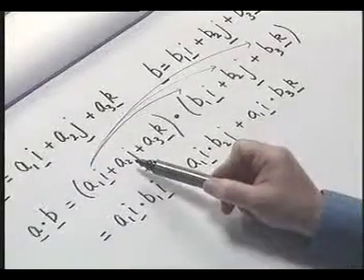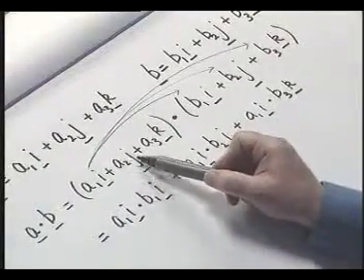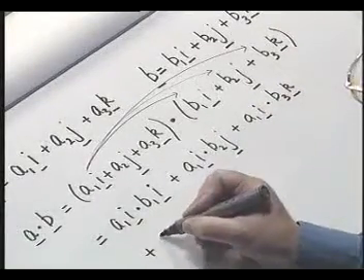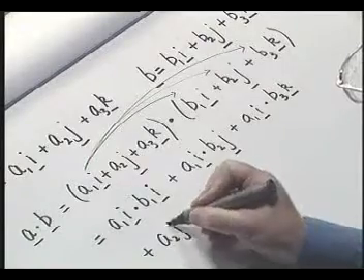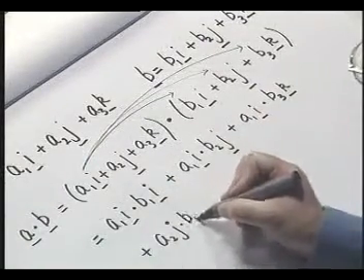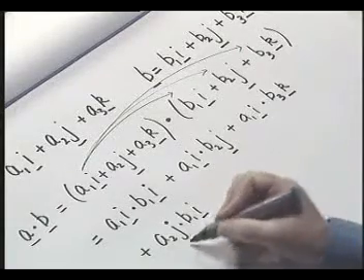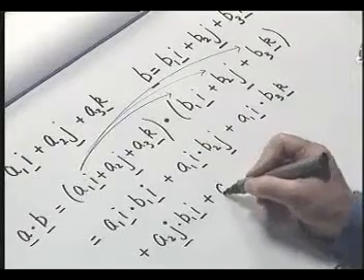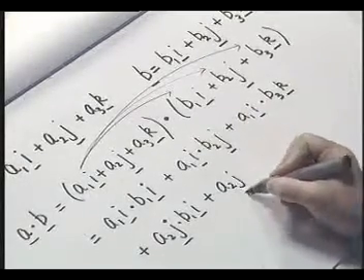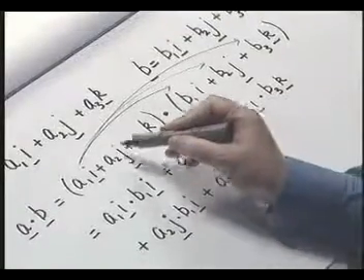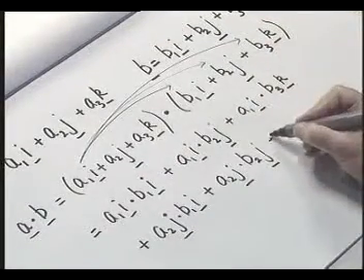Then we move to the second vector. So now we want plus a2 j dotted with each of these three. So it's a2 j dotted with b1 i, a2 j dotted with b2 j, and a2 j dotted with b3 k.